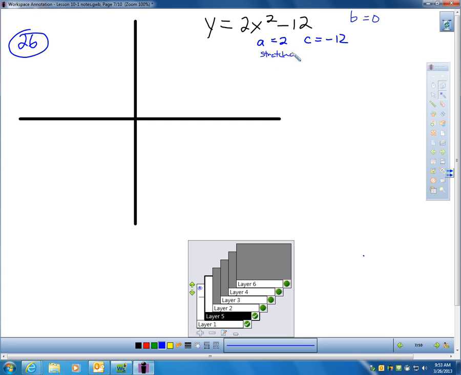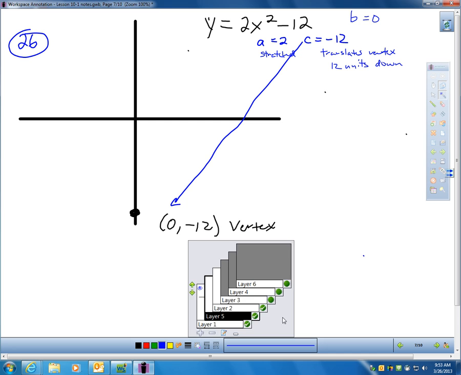It's stretched. That's what a value of 2 for A does. And then think about negative 12. Negative 12 translates the vertex 12 units down. Okay, that's what that does.